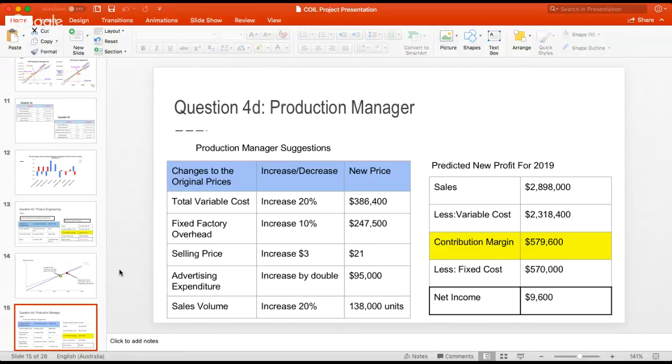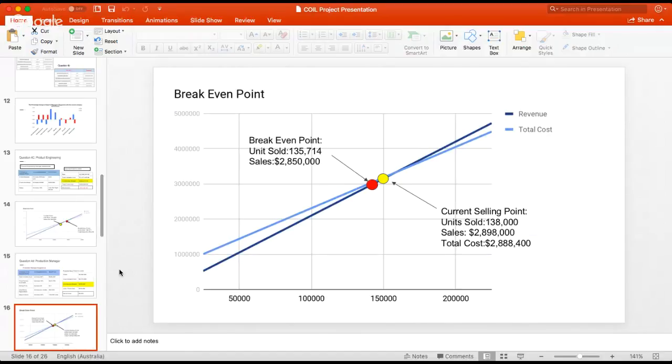This does cause the company to make profit, but it is at such a low value of $9,600 that it's more likely the company would prefer to go with option A or B. As we can see in this graph, the break-even point is below what we're making, but it's still very close, so the company would probably prefer going with a different option.